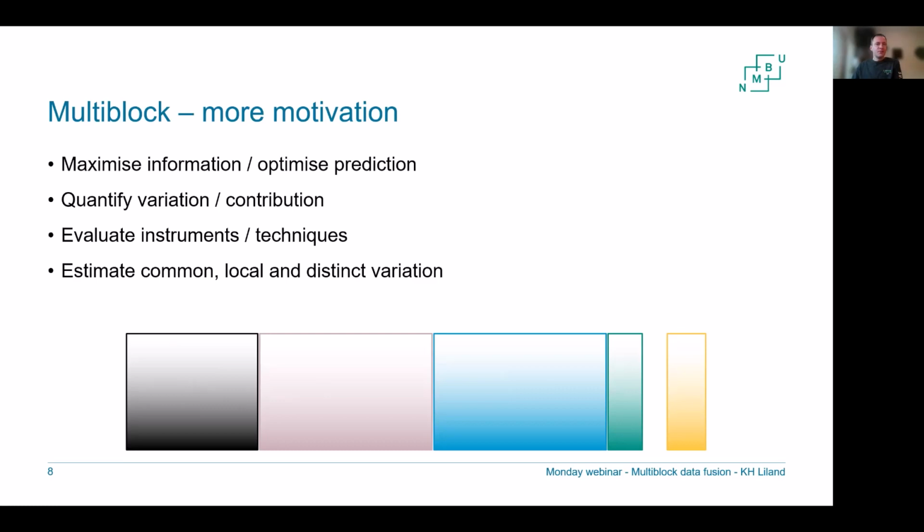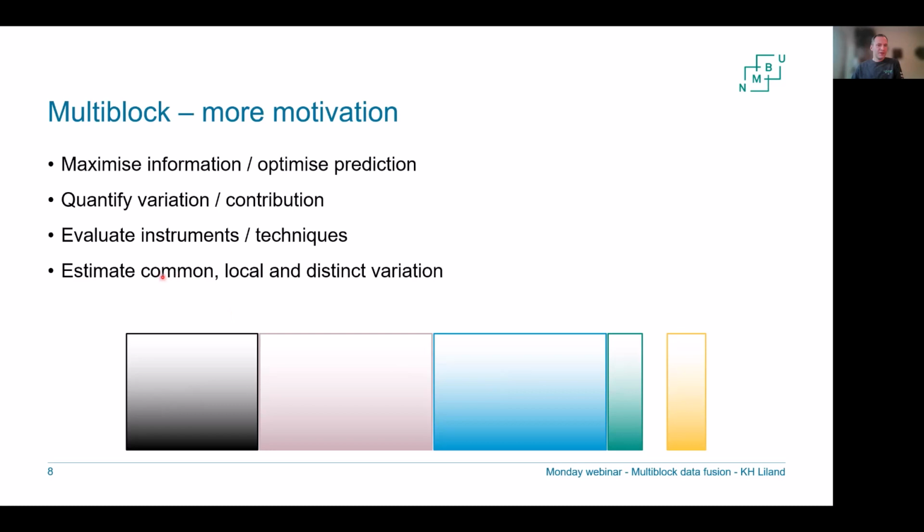And then more overarching is this estimation of common, local, and distinct variation. So again, with NIR, FTIR, Raman, some of the information that you find across these different sampling techniques might be exactly the same. You might find some basic fat components, for instance, or basic protein components that are more or less the same across all these techniques.